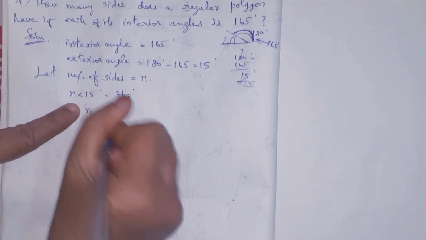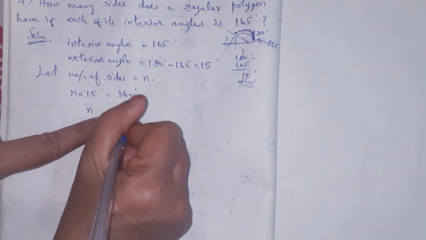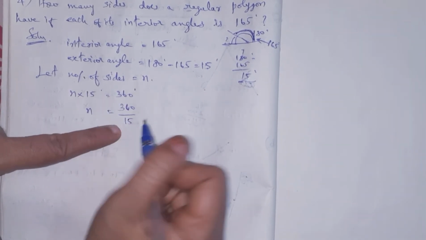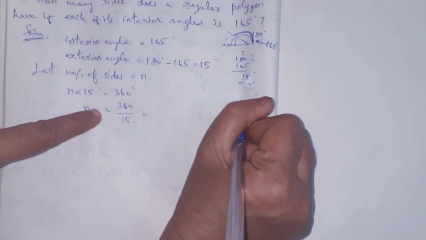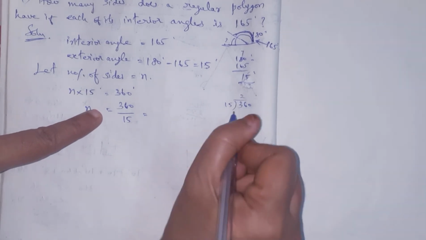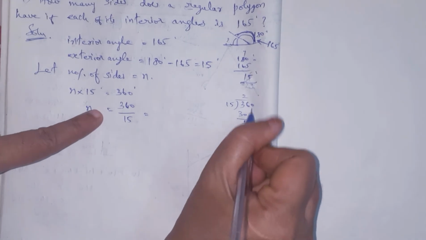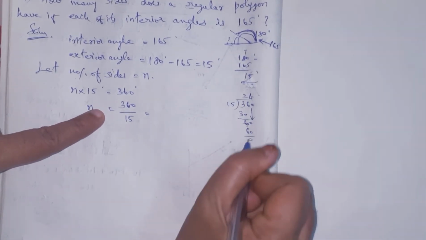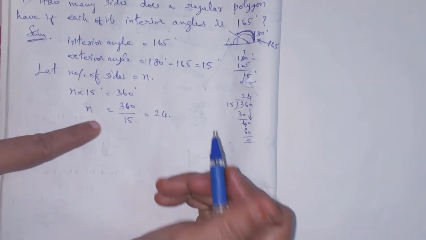So n equals 360 divided by 15. The 15 on the left side moves to the right side as division. 360 divided by 15: 2 times 15 is 30, 4 times 15 is 60, so here we get 24.